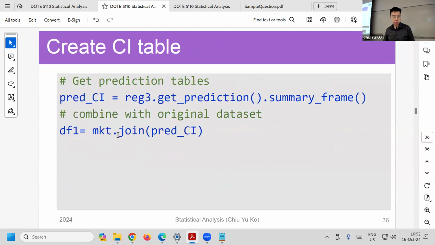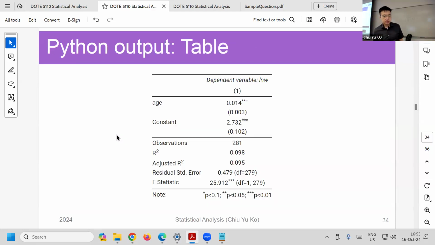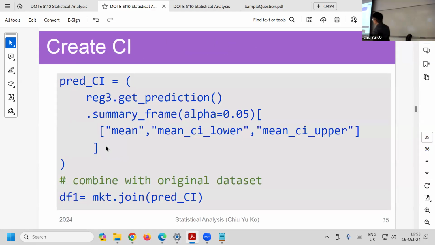Okay, this is how we do it. Do we need to actually do it? Maybe to save time, I don't copy, but I just tell you what's going on. So how to do CI here, another way to do it is get prediction.